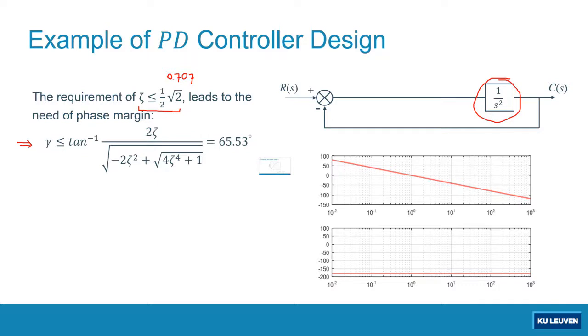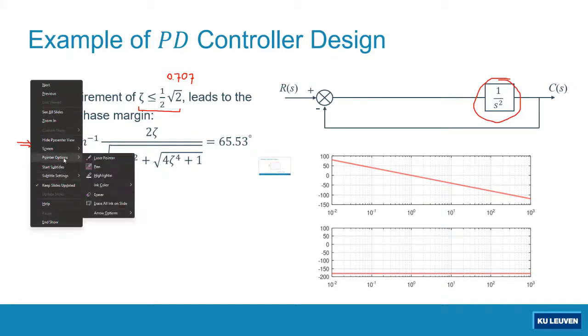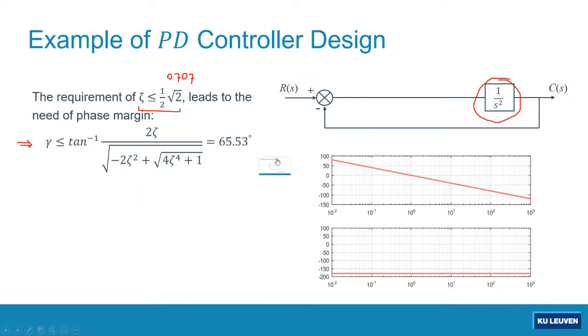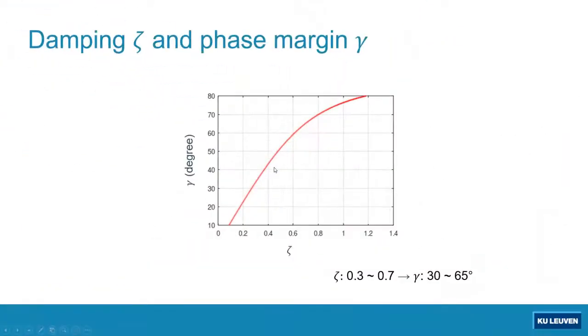So the requirement of zeta less than 0.707, I can translate it now into the requirement of phase margin less than or equal to 65.53 degrees. You still remember also this plot that we discussed in the previous few videos, the relationship between phase margin and the damping ratio.